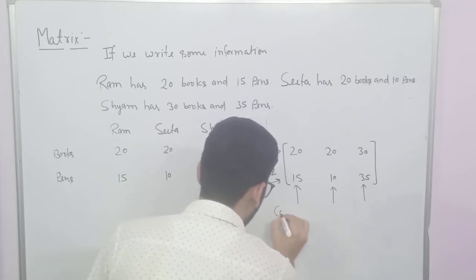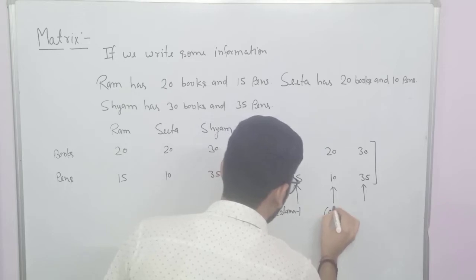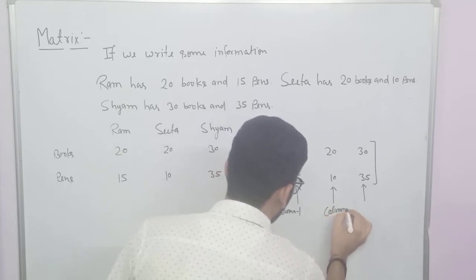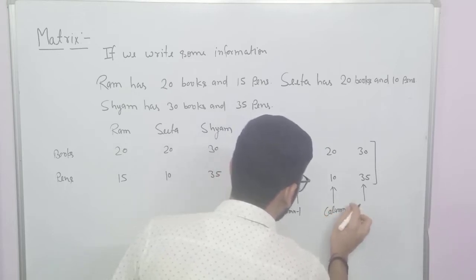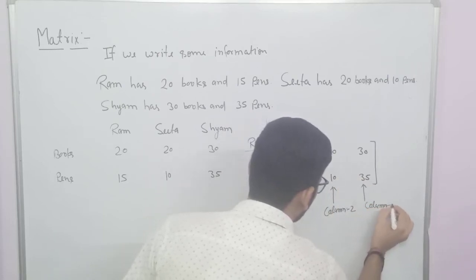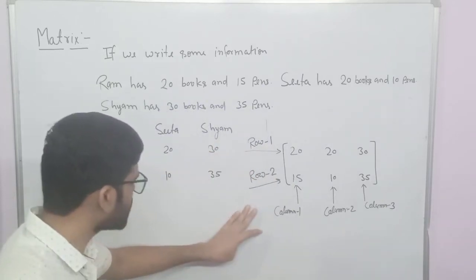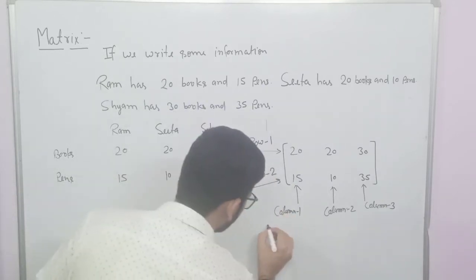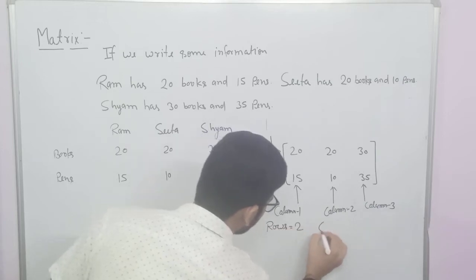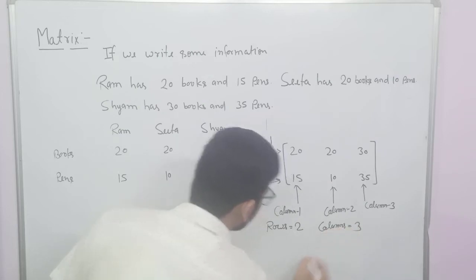The number of rows is 2 and the number of columns is 3.